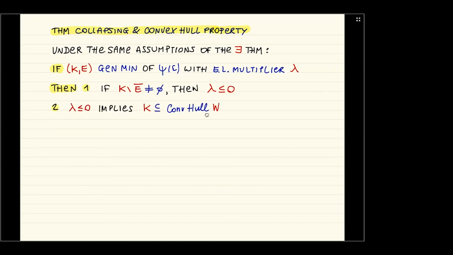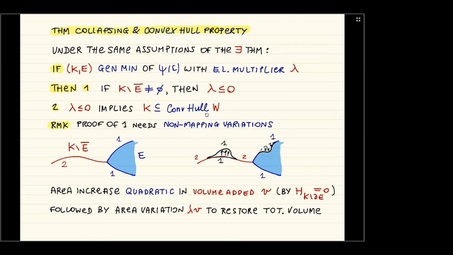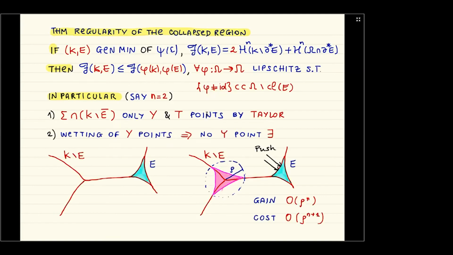So you see in this picture that I had here, when there is a collapse region, I'm always drawing the region E with negative curvature. I could have drawn it like a round bubble. Instead, it's drawn like a sort of concave bubble. Why? Because that's the only possibility. That's what is proven in this theorem.